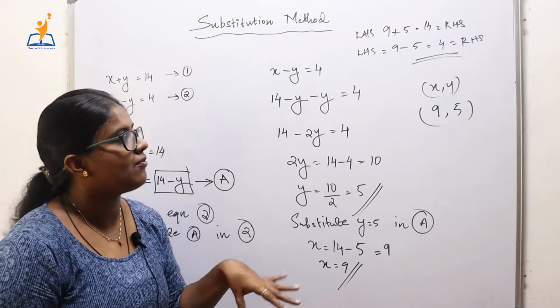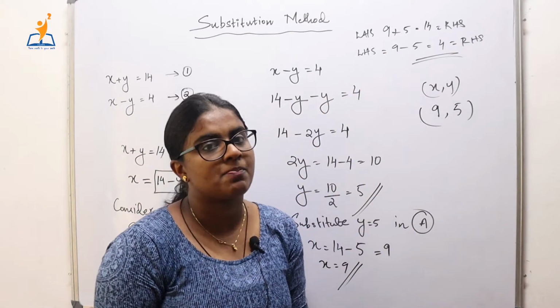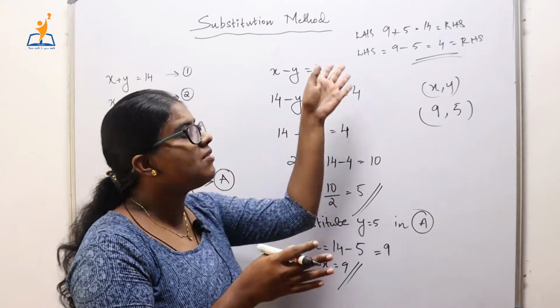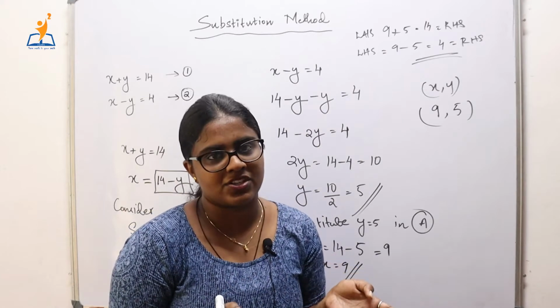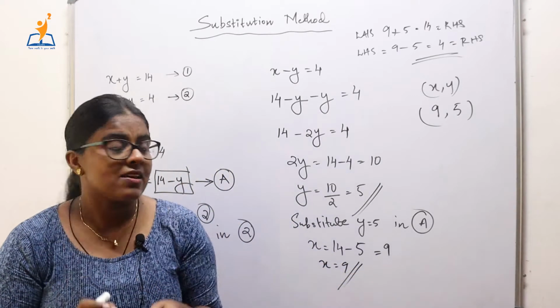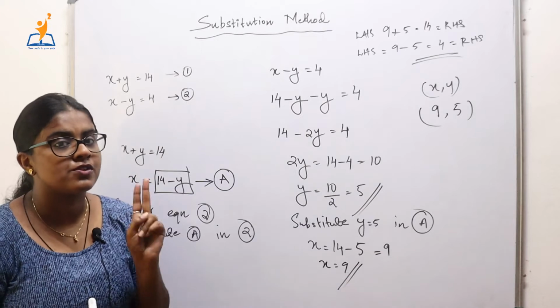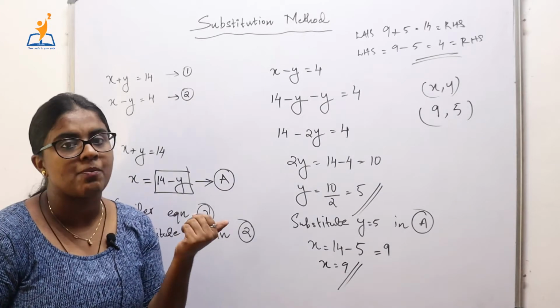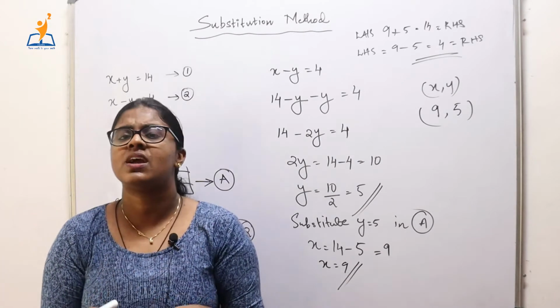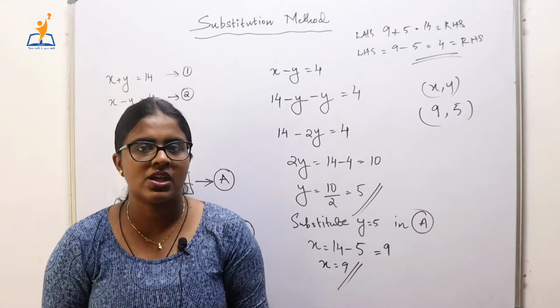So we got x and y. That's the solution for the pair of linear equations, and then we go for the verification part. We have twice substituted the values in this method. That's why the method is called the substitution method.